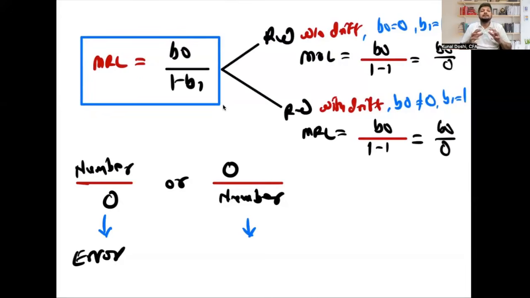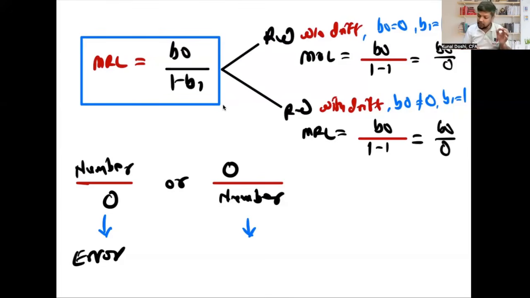But guys, 0 divided by any number. 0 divided by 0 is also 0? No, 0 divided by 0 is error. I mean 0 divided by any number but not 0. You can use 0 on the top. If you use 0 on the bottom, it will turn into error.